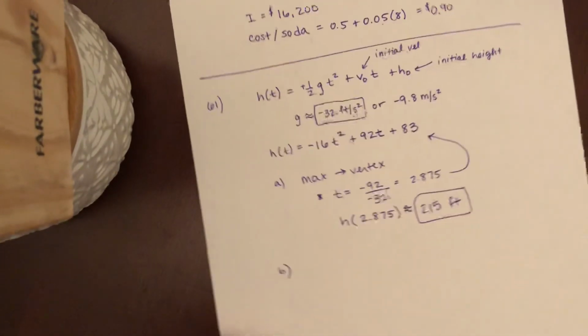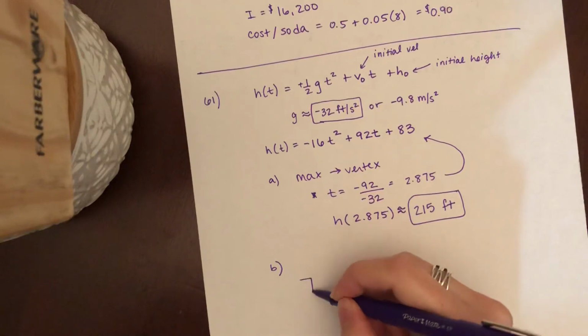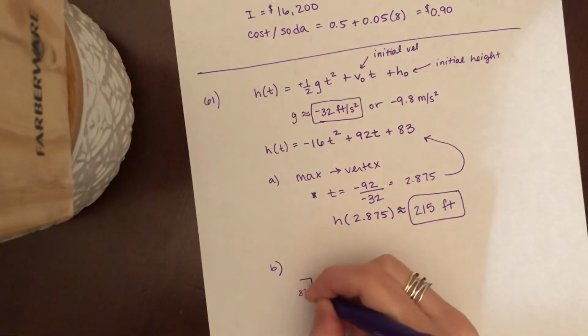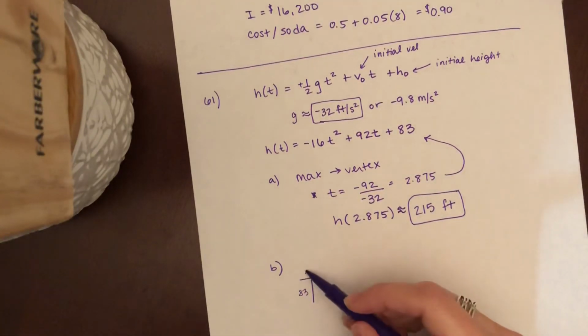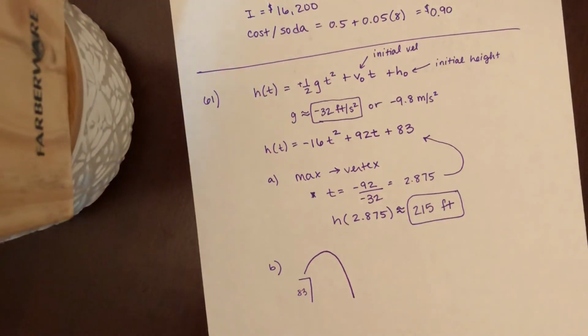All right, part B. How much time is the ball in the air? Okay, so if this is our 83 feet high, and we're throwing the baseball up and it's coming back down, landing on the ground, this is how long it's in the air. So what we're actually looking for is a 0 or an x-intercept.